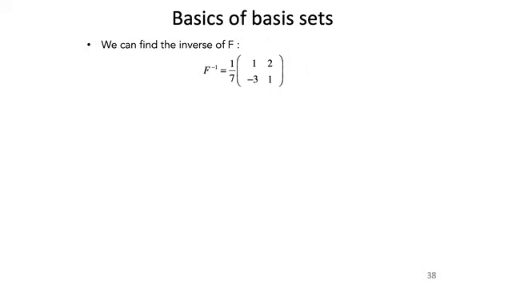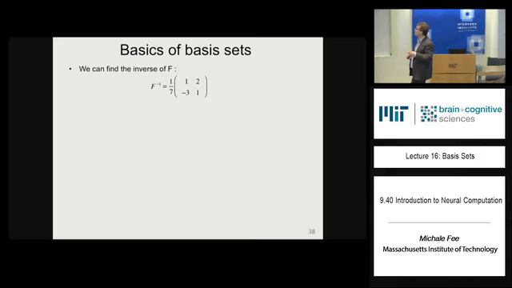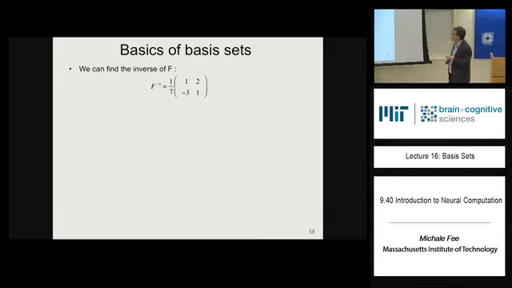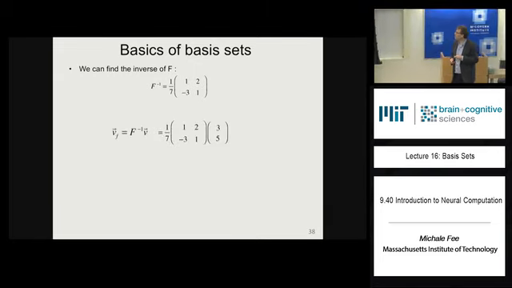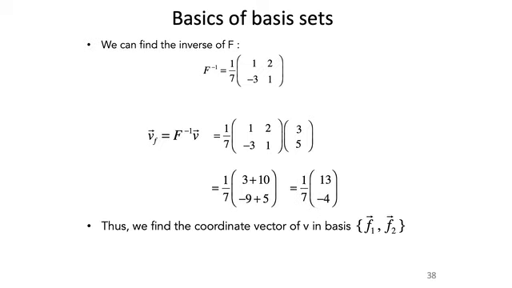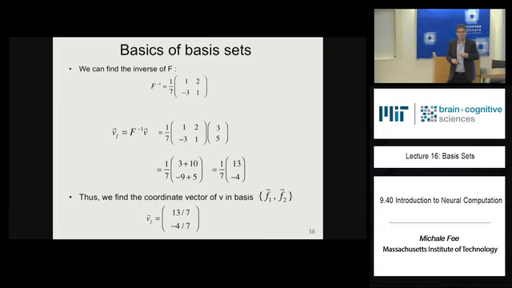We can find the inverse of F. Remember, you flip the diagonal elements, you multiply the off-diagonals by minus 1, and you divide by the determinant. So F inverse is this, times v is that, and v sub f is just 13/7 over minus 4/7.